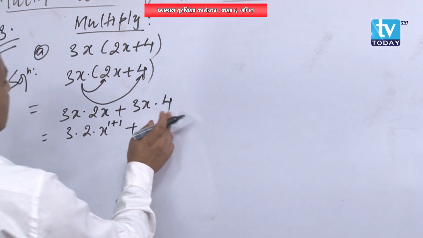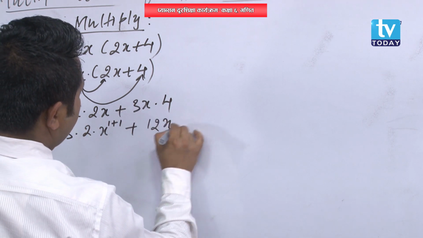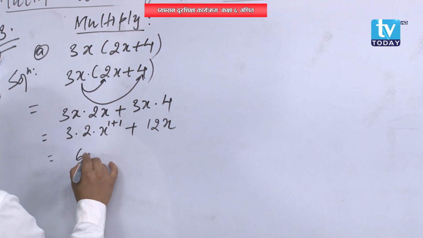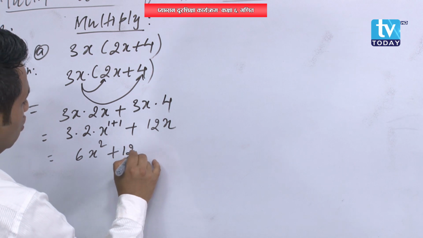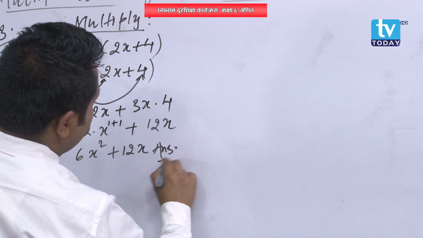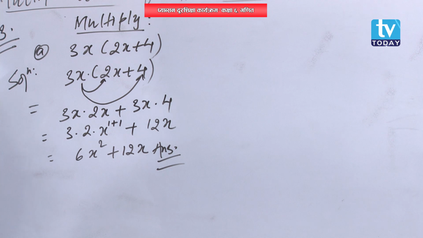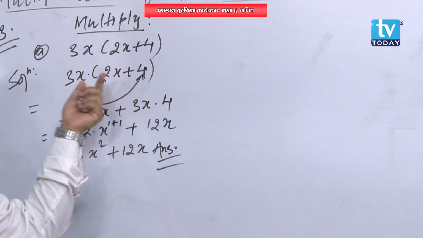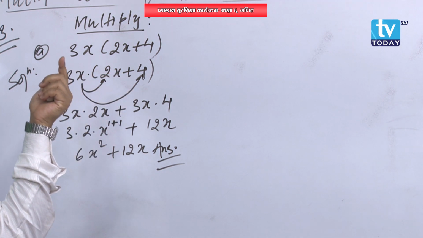Understood? Now 3 into 4 is 12x, so 6x square plus 12x. This is the answer. Is that clear? You have to multiply both terms by 3x. Clear?